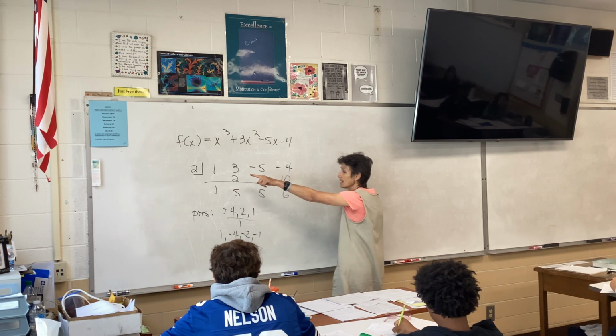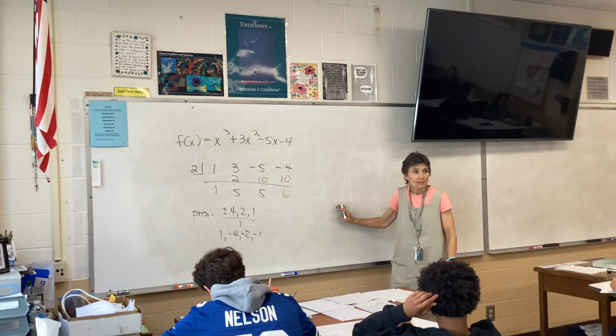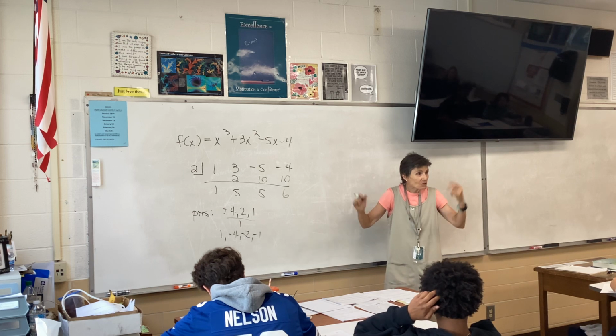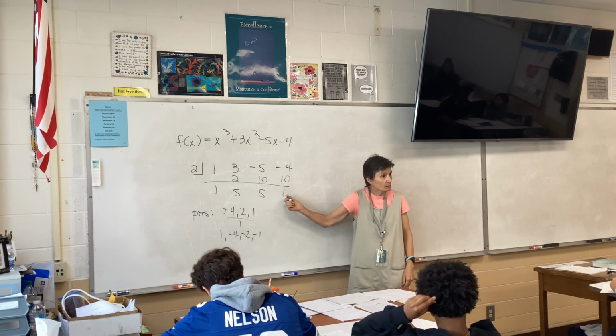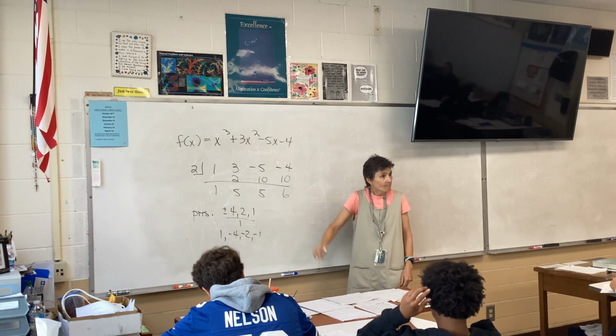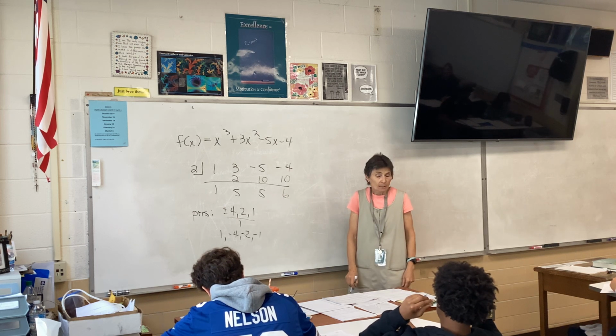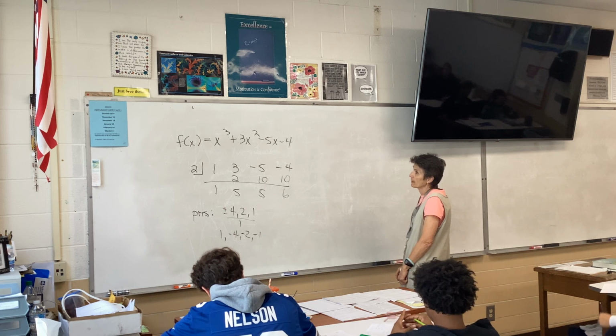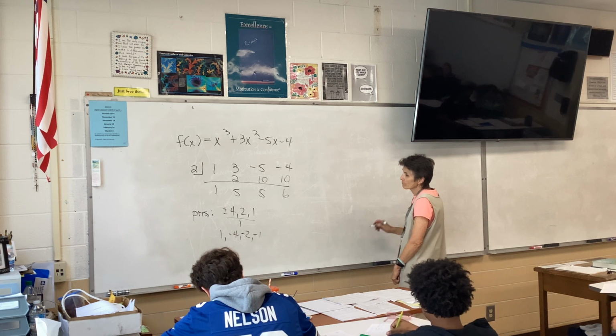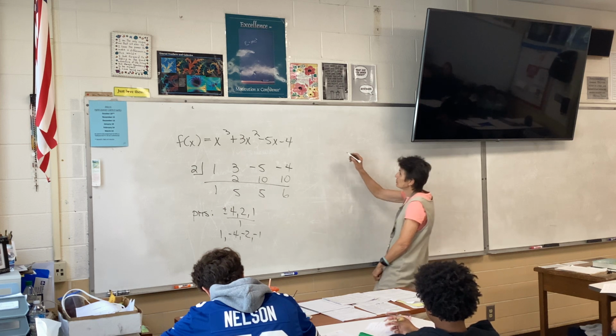2 is an upper bound. That means no answer bigger than 2 can work. And I already know 2 doesn't work. Right? Okay. So what is going to work? I can see 1 isn't going to work. Negative 2?